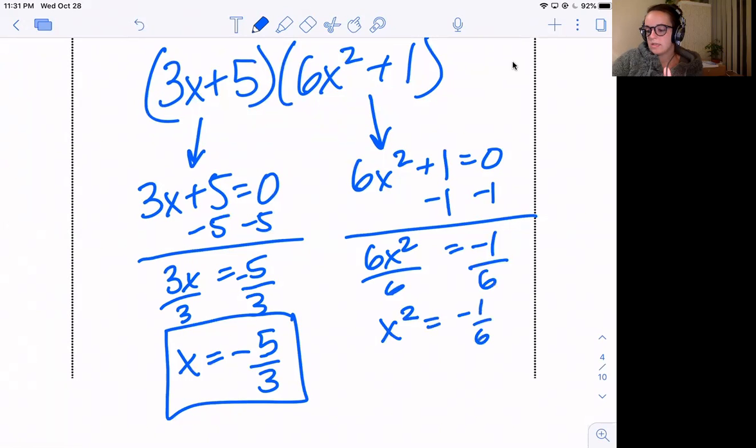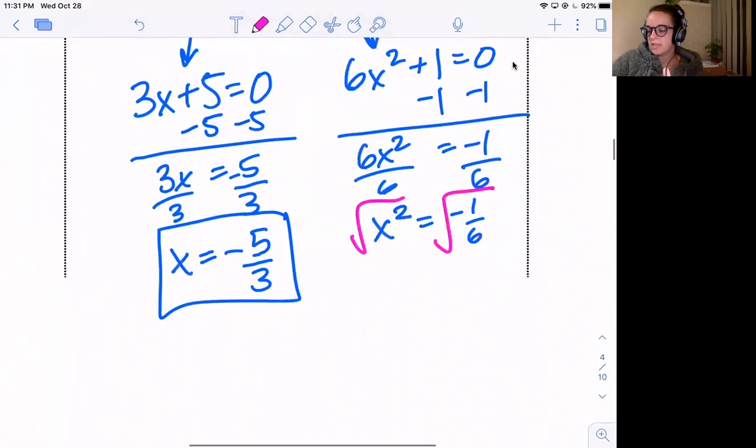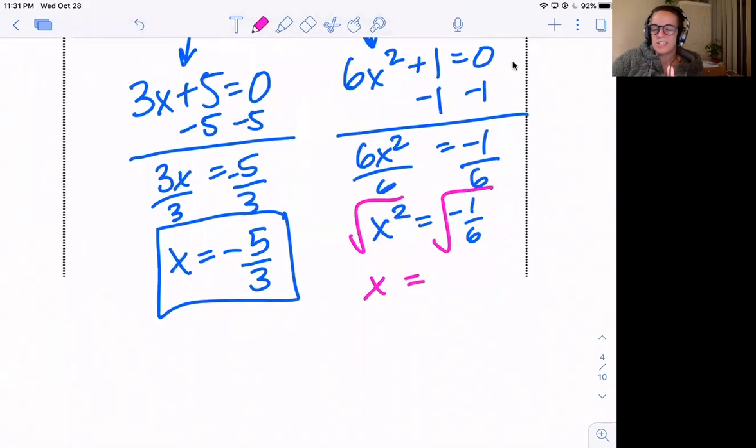Notice I would take the square root here, right? Take the square root of both sides. I get x equals, this is imaginary numbers, right? So since there's a negative inside the square root, that is imaginary. So I'm going to start with i here, and then I'm going to leave square root of 1/6 on the inside there. Remember, this is plus or minus, so that means that you have 2 answers there.